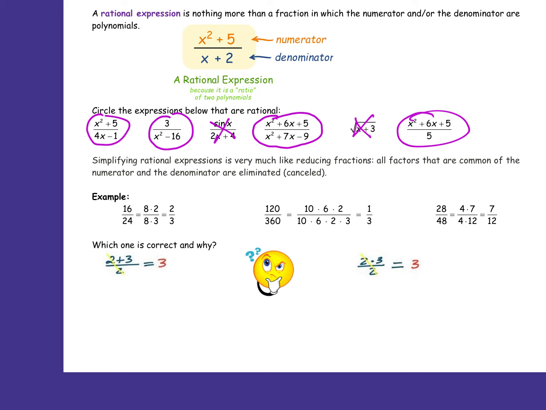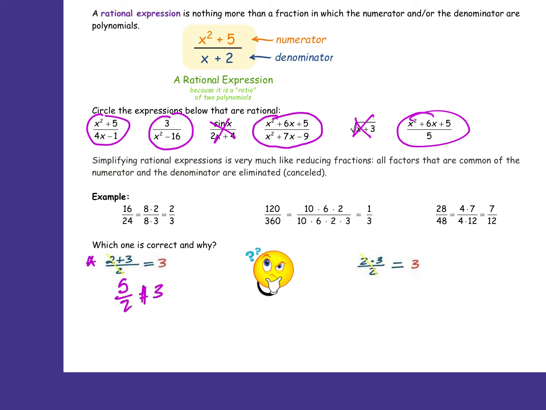Yeah. So if we do this mathematically, order of operations says, since it's in fraction form, I do everything on the top and everything on the bottom before I divide, right? So if I do this one first, what's 2 plus 3? 5. And does 5 divided by 2 equal 3?